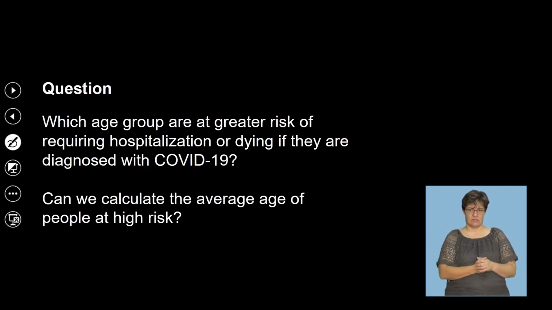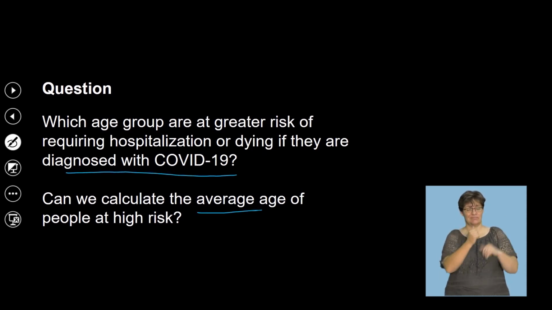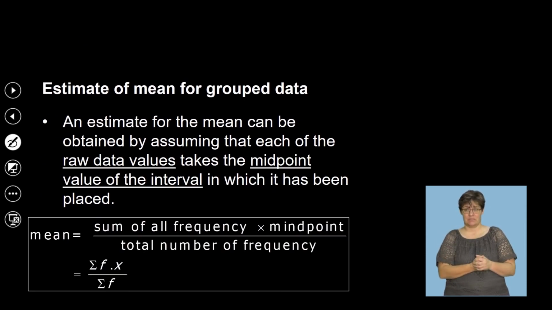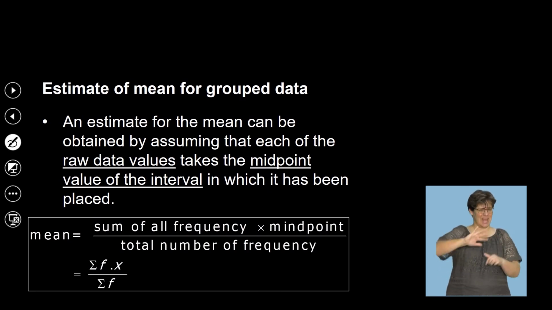Which age group is at greater risk of requiring hospitalization or dying if they are diagnosed with COVID-19? We can calculate the average age of people at risk. Let's see. How are we going to estimate the average?